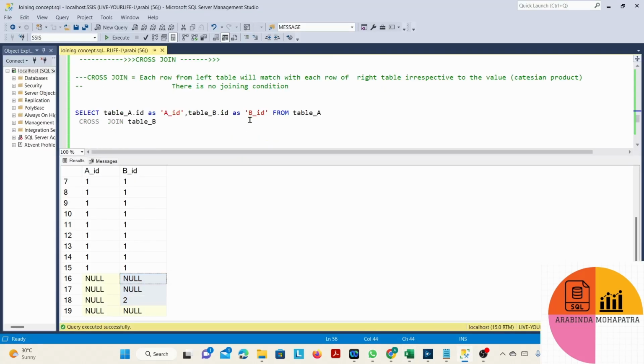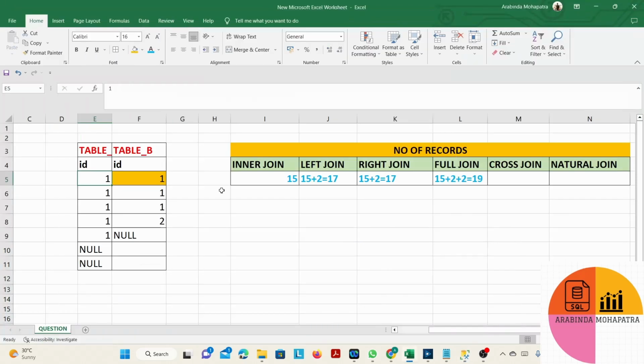So a cross join means each row from the left table will match with each row of the right table, irrespective of whatever value is present on both sides of the table, and there is no joining condition. So what does it mean? This one will fetch the rest of the 5 records from the right side of the table, and this one will also fetch the rest of the 5 records.